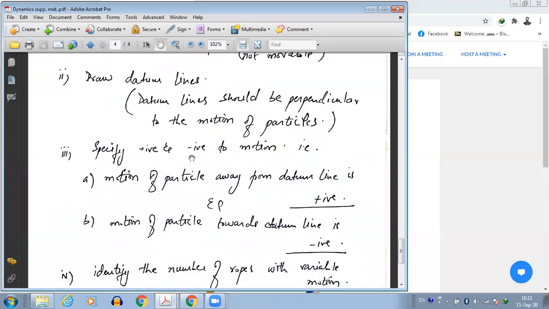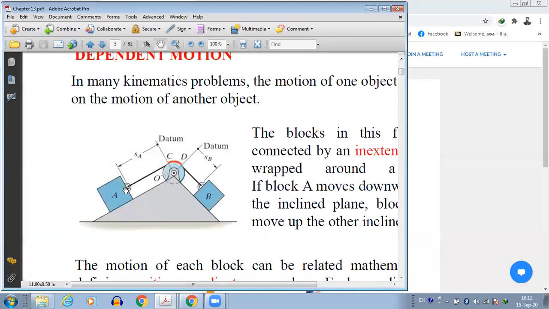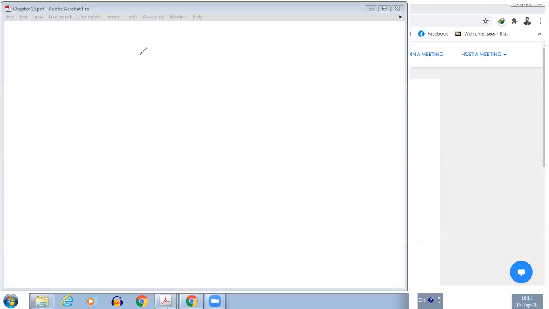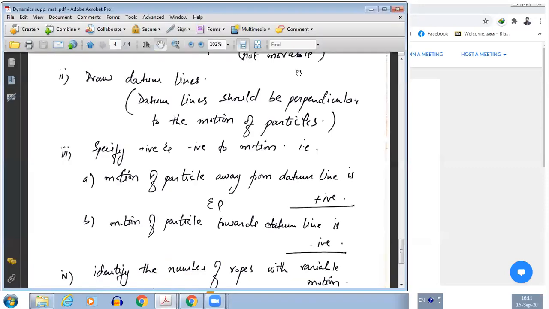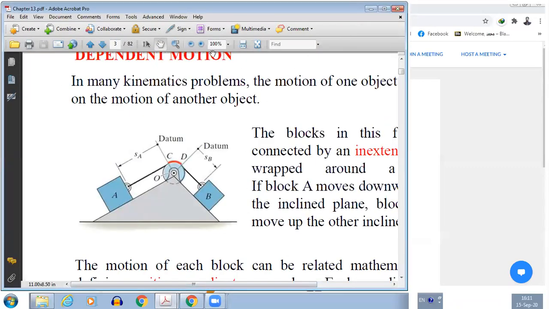Specify positive and negative for the motion. Remember, motion of a particle away from the datum line is positive, and motion of a particle towards the datum line is negative. So let's have a look here. If A is moving in this direction, do you think A is going towards the datum or away from the datum?